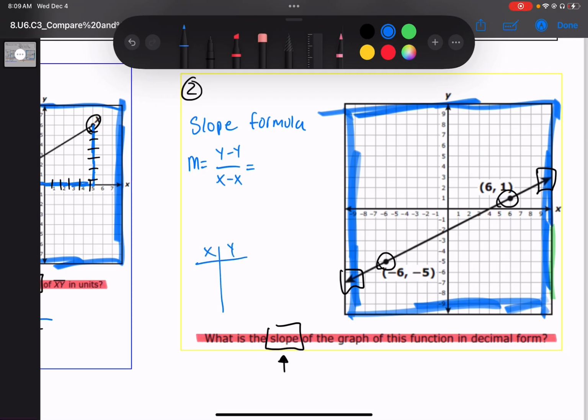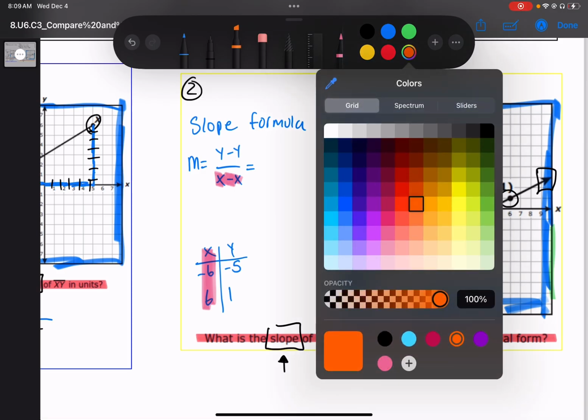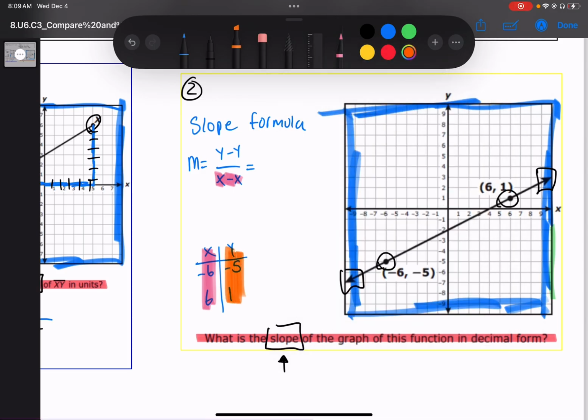X and y, -6, -5, 6 and 1. Put these numbers. Let's get our highlighters out. This is pink. This is pink. This is orange. And this is orange.